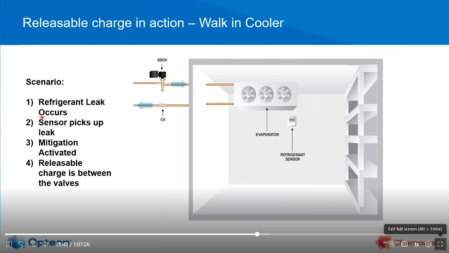The refrigerant leak occurs. Sensor picks that up. Okay, the mitigation is activated. If it's just calling for a movement of the air, if it needs that, it could be the volume and you don't need this to kick on, but whatever that strategy is, this will activate, okay? And then the releasable charge is in between the valves.